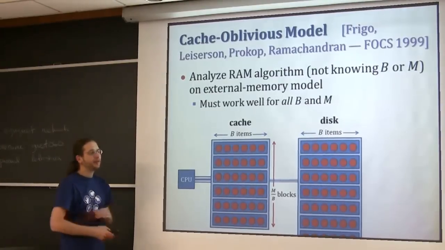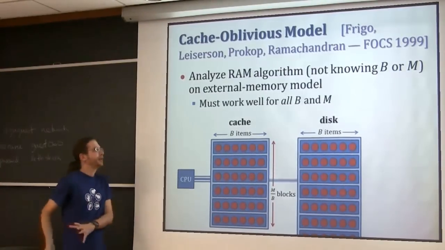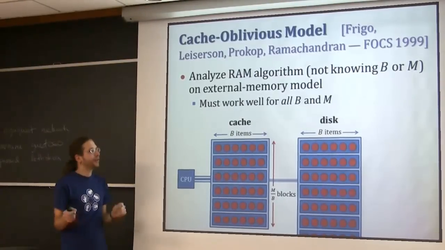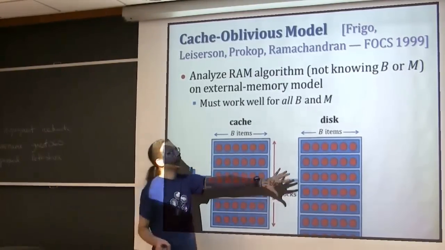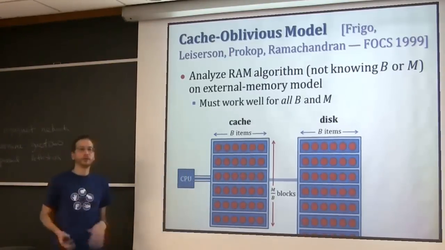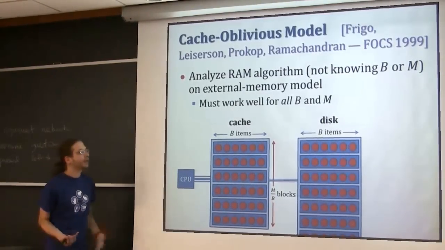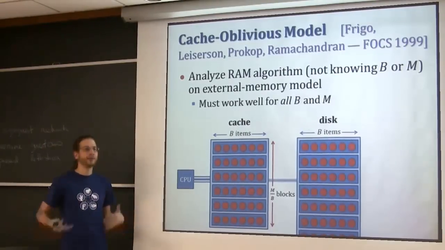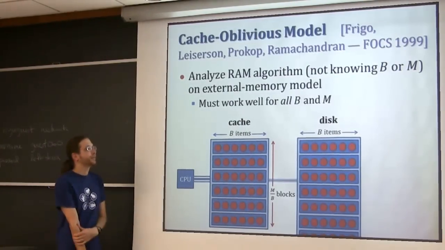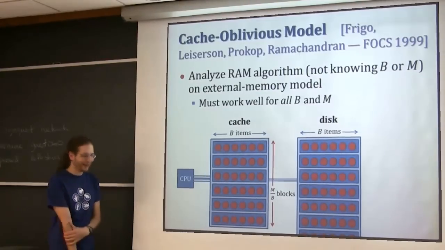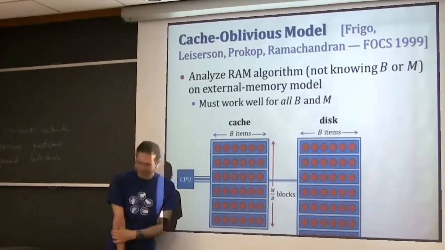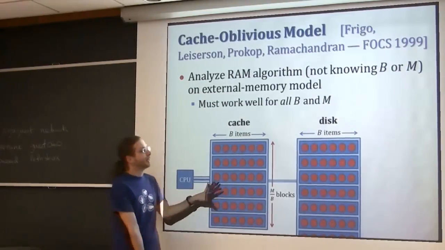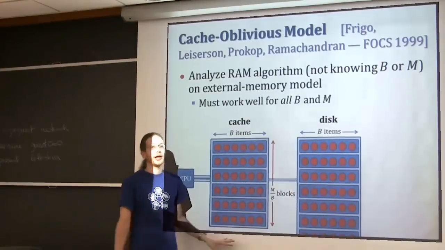It's motivated by all of the models you've just seen, and in particular, it picks up on the other successful model, the external memory model, and says, okay, let's take the external memory model, exactly the same cost model, but suppose your algorithm doesn't know B or M. We're going to analyze it in this model knowing what B and M are, but really one algorithm has to work for all B and M. This is uniformity from the HMM model. So it's taking that idea, but applying it to a model that has blocking.